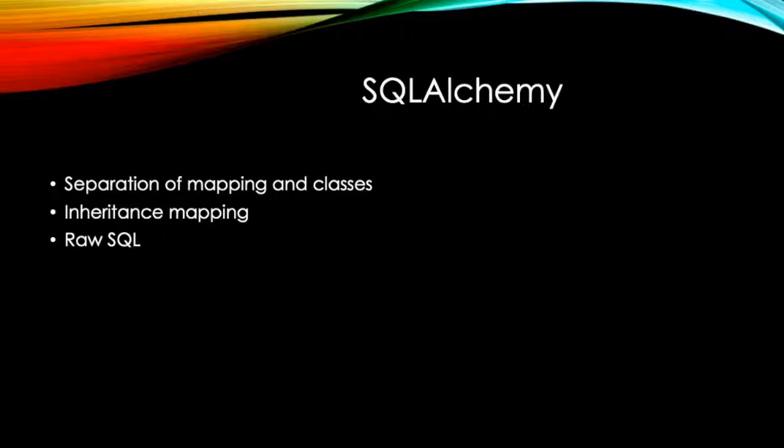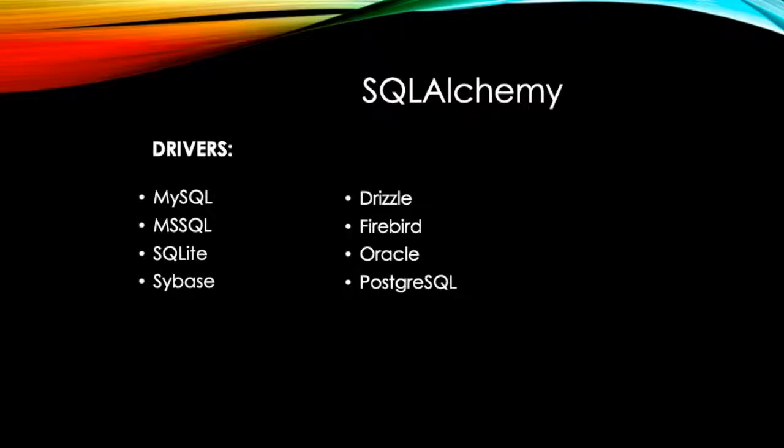Inheritance mapping is where you can allow inheritance between those classes, because think about it, if you have one class that represents table A and another class that represents table B, if you have inheritance between A and B, it will have all the attributes of the parent table. And then we have raw SQL.